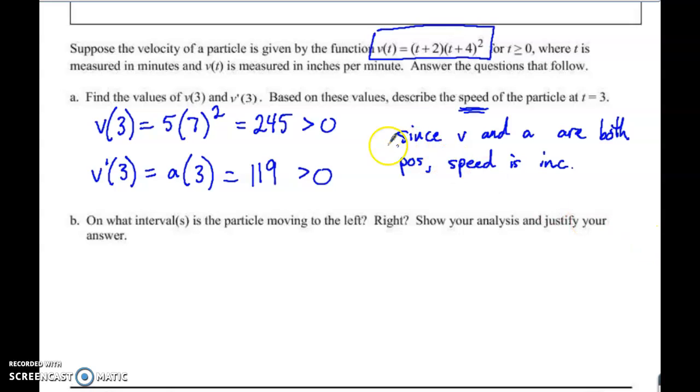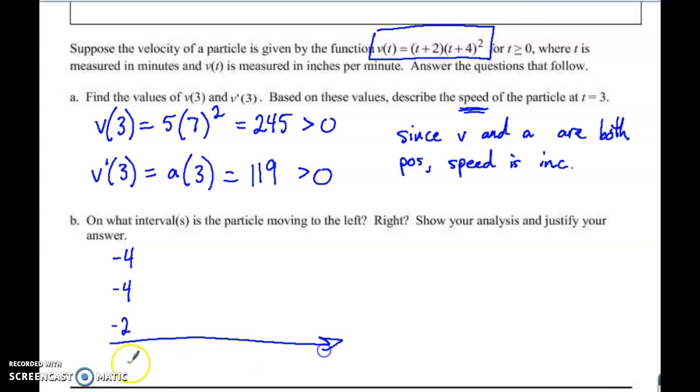And then what we can do now, and I would not use a calculator for part B, I would like to see your sign analysis. So I want intervals of particle moving to the left, to the right, and show your sign analysis. I actually kind of have an issue with this, because all of these are positive, but in the sign analysis you would put -4 twice for your multiplicity, and -2.